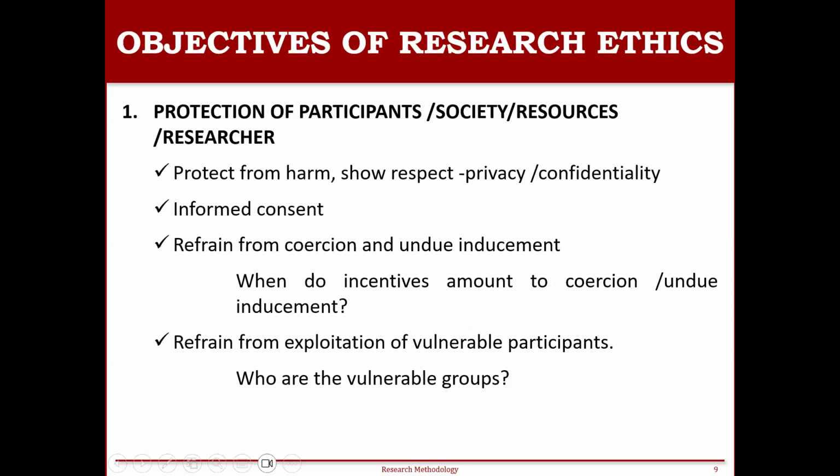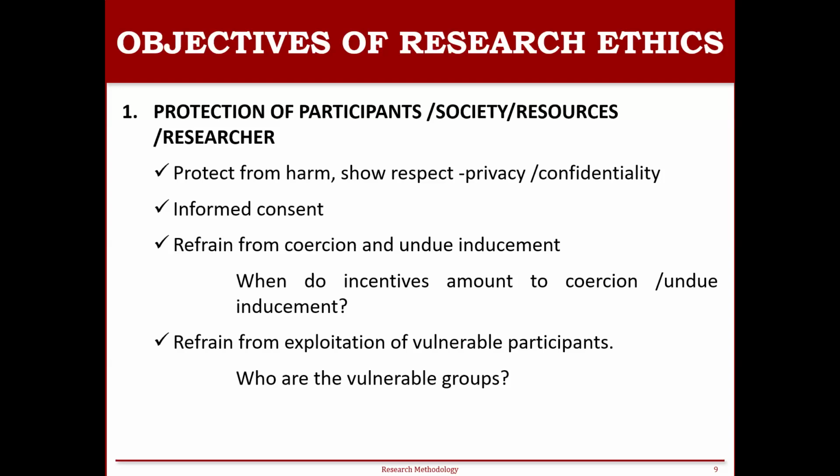So moving on to the first one, protection of the participants, society, resources, and the research itself. When it comes to this research ethics, our major goal is to protect our participants, right? We have to protect everyone who is involved in our study. That may include the participants, or maybe the researchers, maybe the society, maybe the co-authors, right?